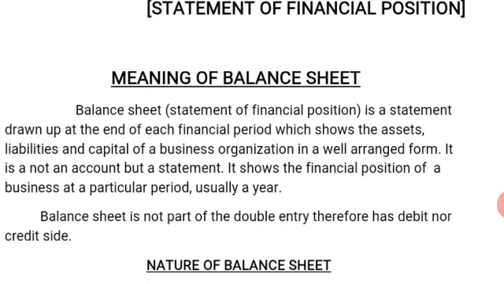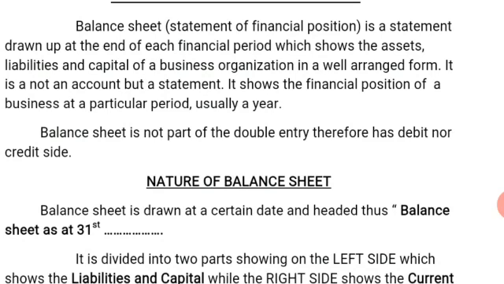Balance sheet, which is now known as the statement of financial position, is a statement drawn up at the end of each financial period, which shows the assets, liabilities, and capital of a business organization in a well-arranged form. It is not an account, but a statement. Balance sheet shows the financial position of a business at a particular period, which is usually a year.